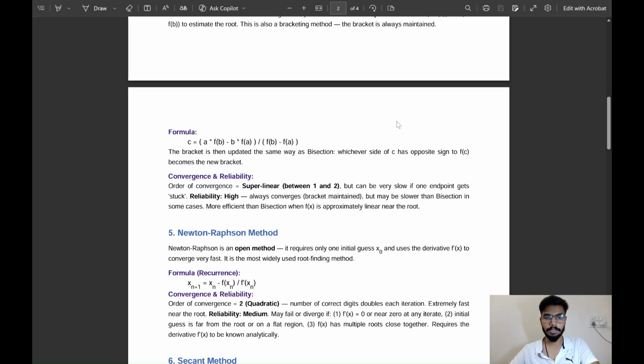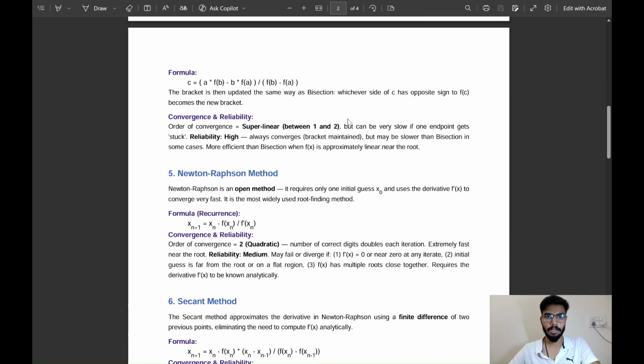After finding the value of c, we put it in f(c) and see whether the value is positive or negative, and depending on that we replace a or b. It is like that only. Now we will see the convergence and reliability. Order of convergence is superlinear, between 1 and 2, but can be very slow if an endpoint gets stuck.